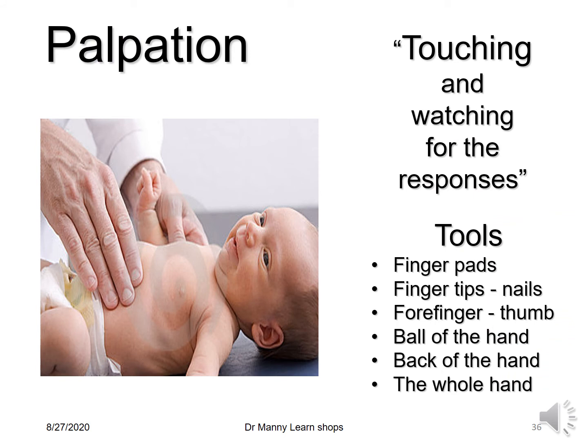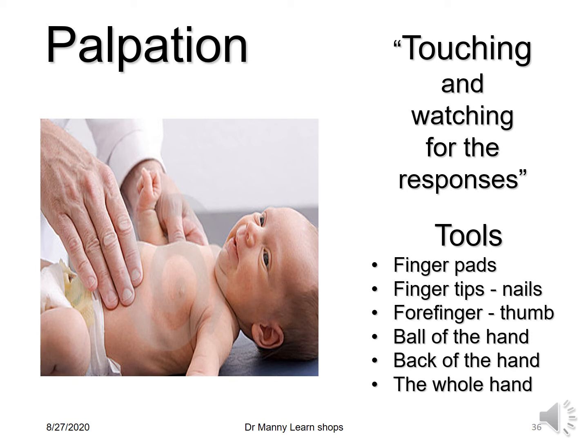Then you've got palpation. Palpation is basically touching the patient gently and watching for responses. The tools that you would be using are your finger pads, your fingertips and nails, your forefinger using your thumb, the ball of your hand, the back of your hand, the whole of your hand.